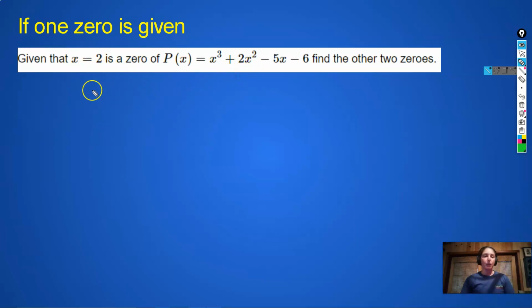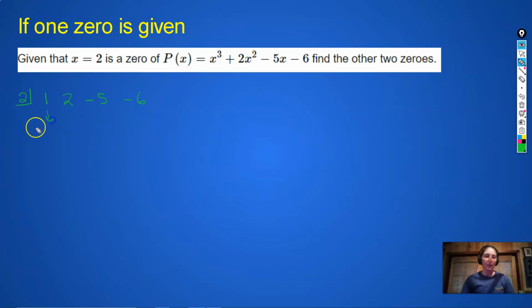So we're going to use this 2. We're going to put it in our box and start our synthetic division. Now we take the coefficients of each variable. We're going to take a 1, a 2, a negative 5, and a negative 6.